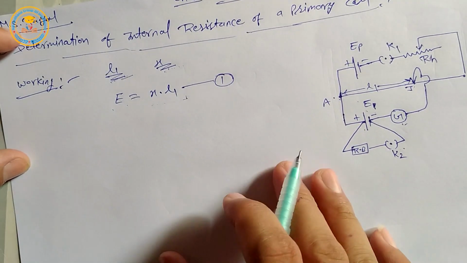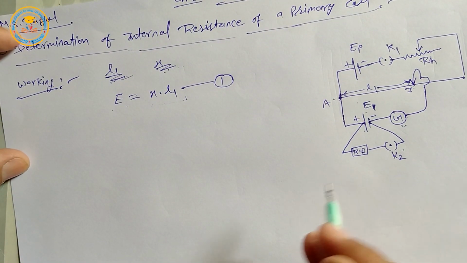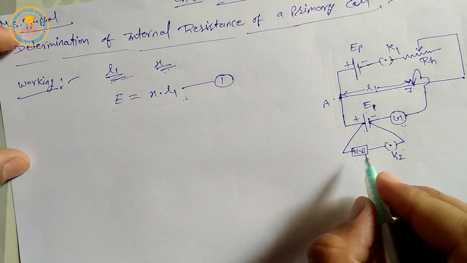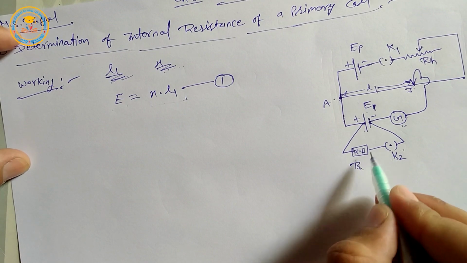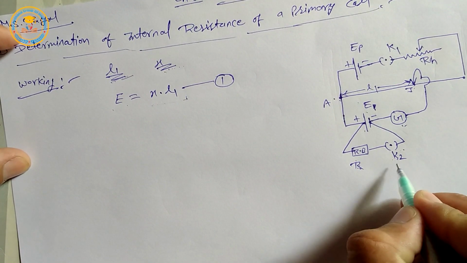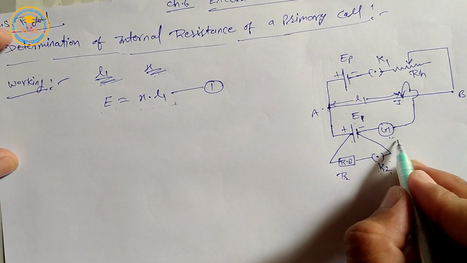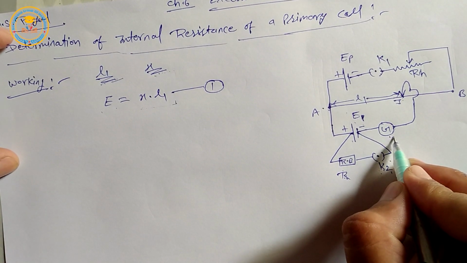Now we close the key K2, after applying a resistance capital R from the resistance box, and then K2 is closed. Then in this situation, another deflection is produced in the galvanometer.